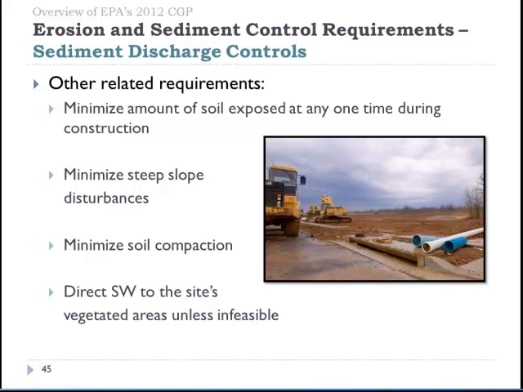And with respect to soil compaction, you're expected to use vegetative stabilization after construction to avoid compacting the soil and thereby impacting the ability for vegetation to become established. And lastly, there's a requirement to direct stormwater on your site to the extent that it exists to areas of natural vegetation, taking advantage of their natural ability to filter stormwater.